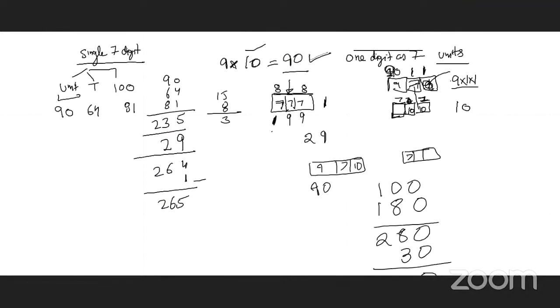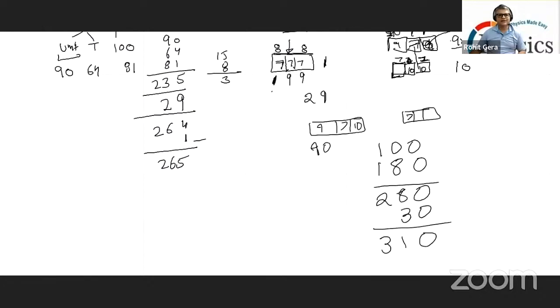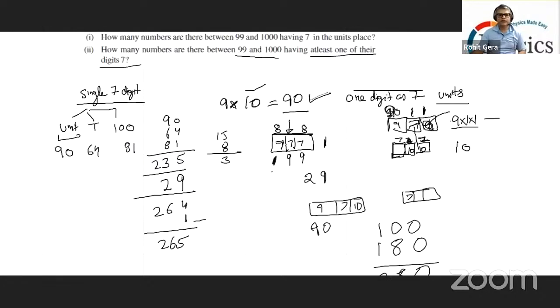If I have two 7 digits, how did you get 9 here? There are two 7 digits here, 7 and 7, and we can't have a 0 here, so this is 8, right?